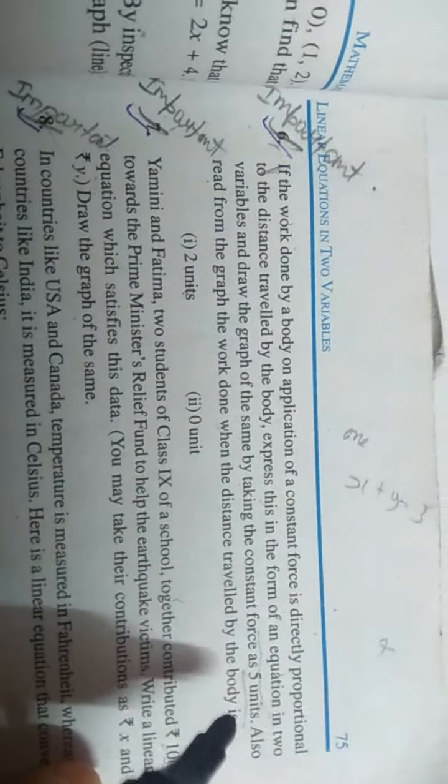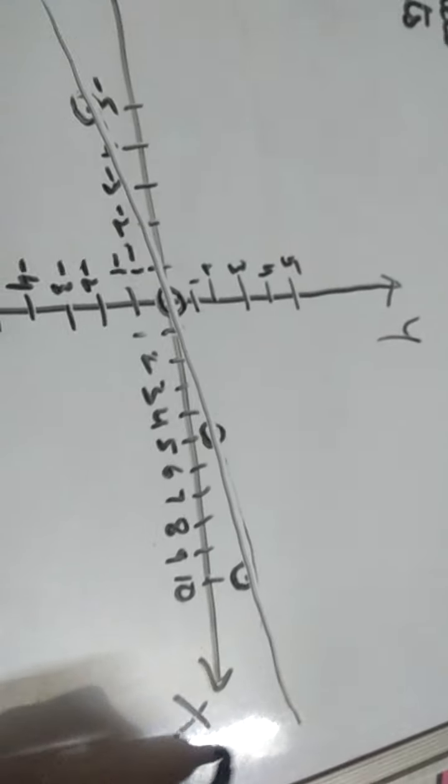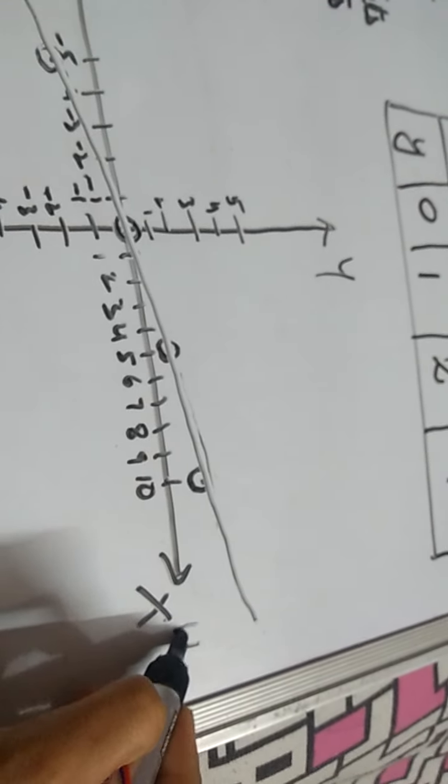They are asking to also read from the graph the work done when the distance traveled by the body is 2 units. Now see students, x is taken as work done. So this axis is for work done, and this is for distance.